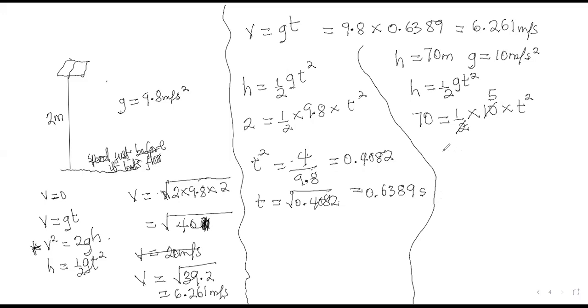So I have 5t squared equals 70. Divide through by 5. t squared is equal to 14. t is the square root of 14.